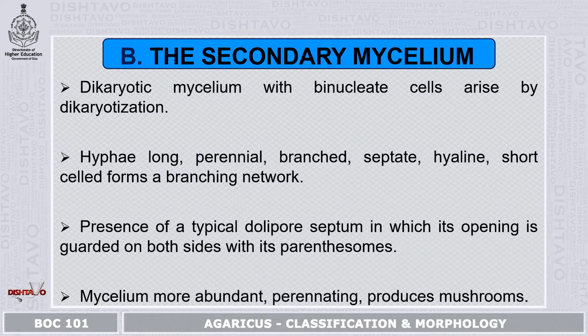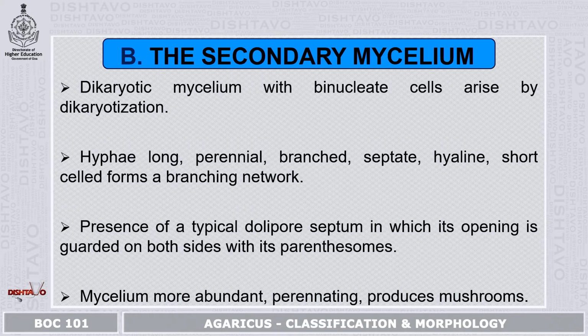The secondary mycelium arises from the fusion of the plus strain primary mycelium and the negative strain primary mycelium, and it forms a dikaryon. Now, the dikaryon is formed because of the process of dikaryotization, wherein it undergoes successive division and forms the dikaryotic mycelium. The dikaryotic mycelium is binucleate.